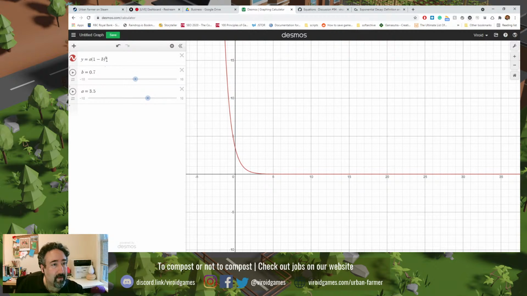As x is increasing, with 1 minus b, which is 0.3, the y value will get smaller and smaller, as you can see. A is 3.5. So changing a in the positive until it's 0 is actually kind of pushing the start point.